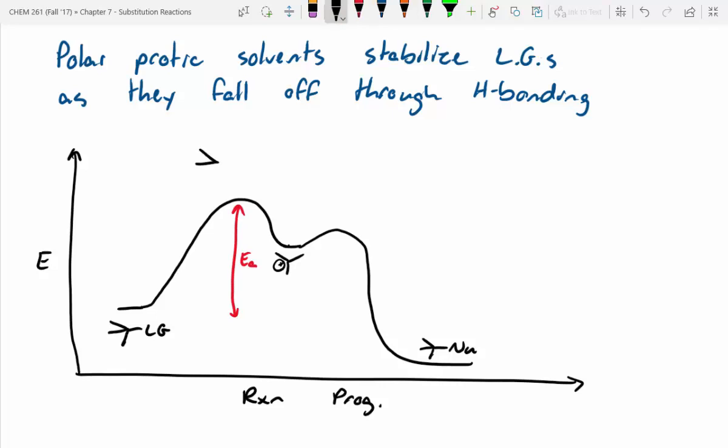So let's draw that transition state. And we know in the center, this carbon is going to be partial positive because it's going to a carbocation. And this leaving group, on the other hand, is going to be partial negative because it's falling off. The cool thing with this, though, is this leaving group, because it's partial negative, will coordinate to the solvent around it, which helps it fall off kind of into a safety net, so to speak.